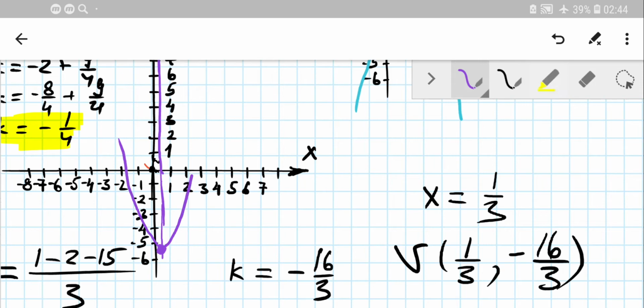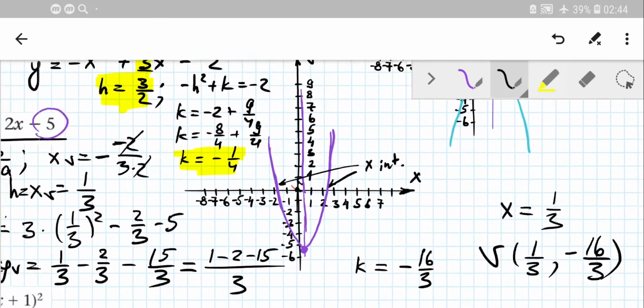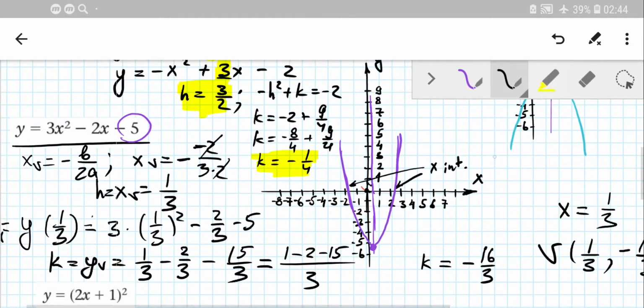That's our parabola. So actually, normally, in order to sketch, you also need to calculate the x-intercept, right? In order to calculate the x-intercept, you need to solve a quadratic equation. To calculate the x-intercept, you need to solve 3x squared minus 2x minus 5 equals 0 in order to get the precise x-intercept.